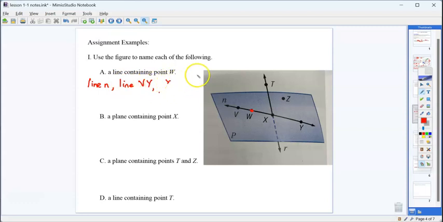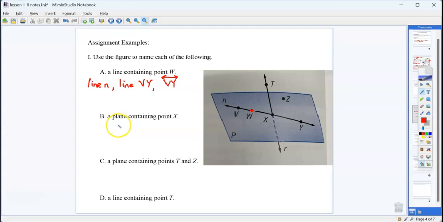You could also do VY using the line symbol above the letters. And you could do that with any 2 points that fall on this line. So there's more than one correct answer. I just listed a few. I won't go through and list every single one, but hopefully you get the idea.